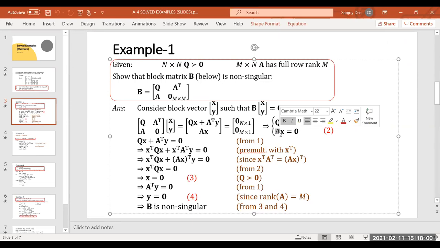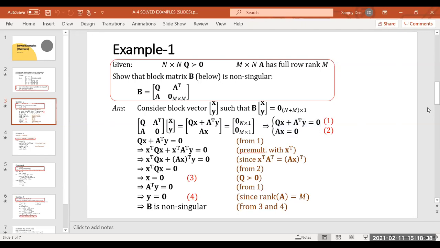M is more. So this is a tall matrix, correct? So if it's a tall matrix and it's full rank, the rank of this is n. All its columns are linearly independent, right? Which means that x must be equal to 0. Yes, x must be equal to 0.